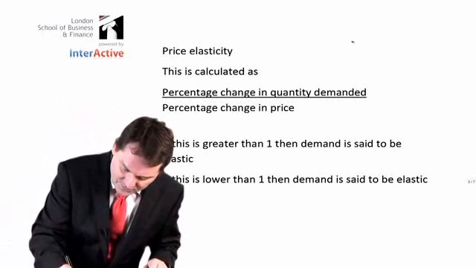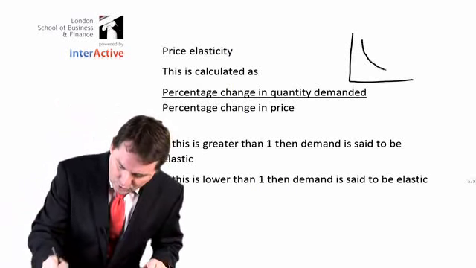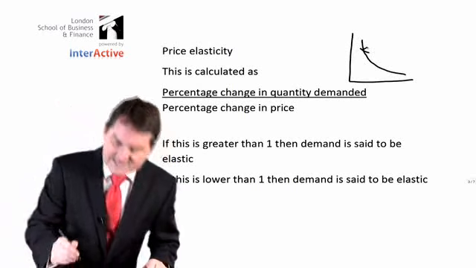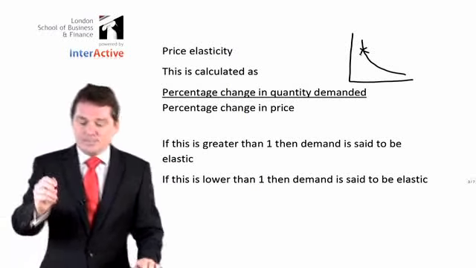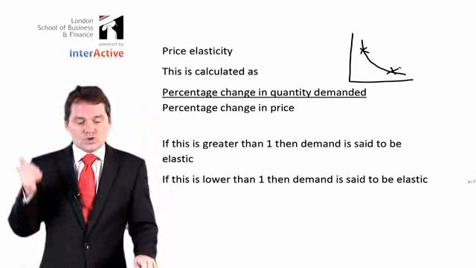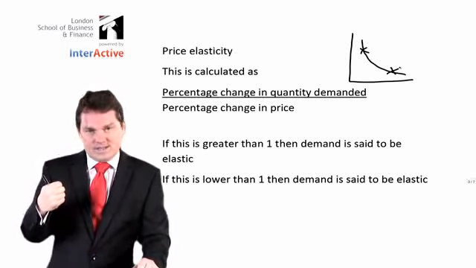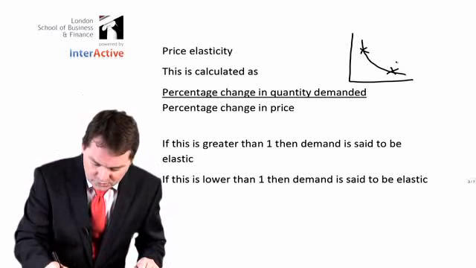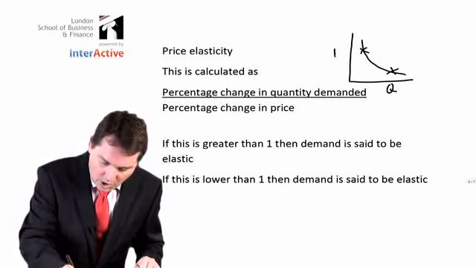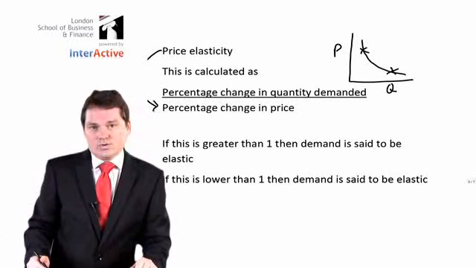If you have the demand curve that we had a minute ago, the price elasticity at one point may be different from the price elasticity at a different point. So what we will need to be calculating in the exam is the percentage change in the quantity over the price. So price elasticity, price goes on the bottom.